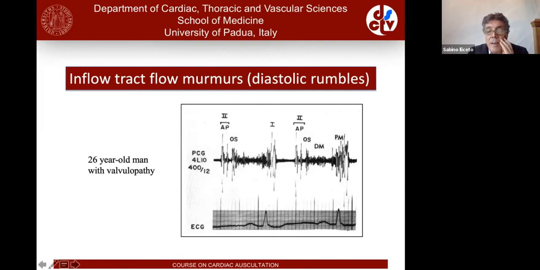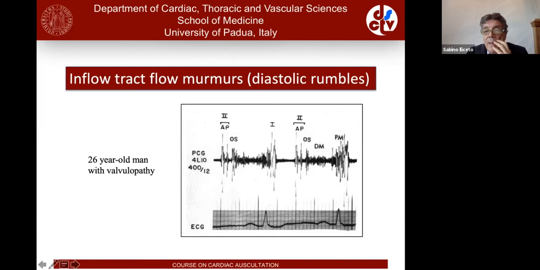As you can see, the systole is clean, no murmur, unless a regurgitant murmur occurs, which is not impossible in mitral stenosis. But it is important to note that after the second sound, there is this high frequency sound, the so-called opening snap.